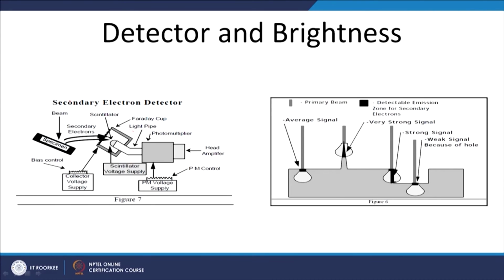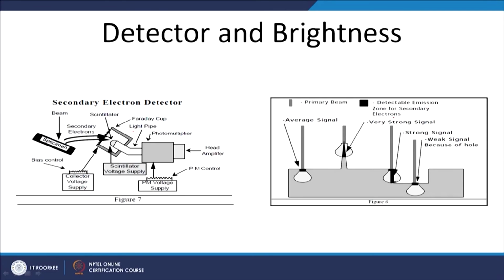So, basically the beam falls on the sample specimen, it ejects the electrons, which are collected by the scintillator and then enter the light pipe, and finally go to the PMT, and the PMT is connected to the image acquisition system.